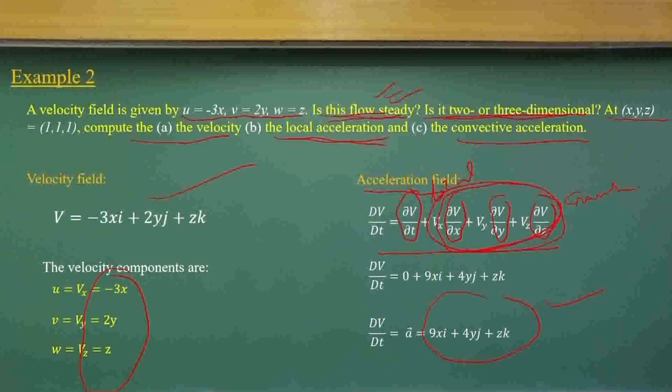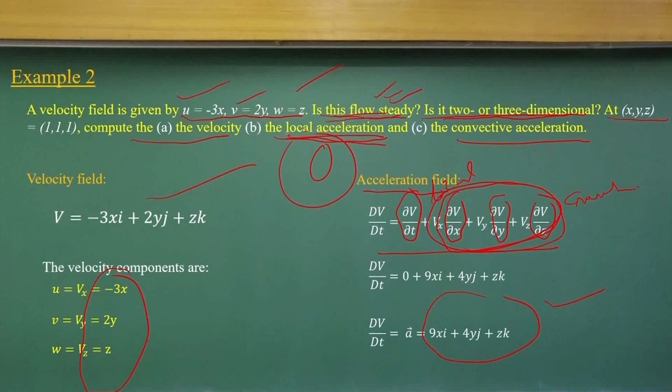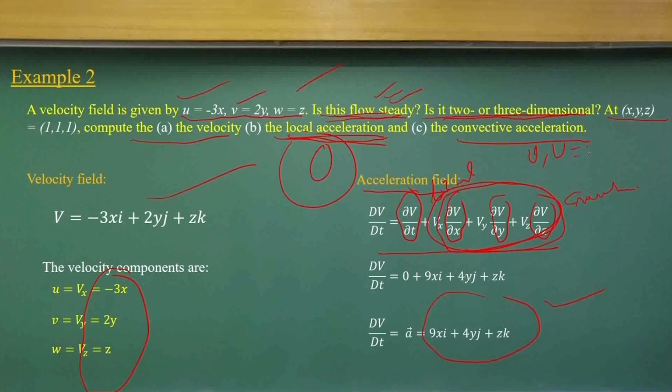As I told you, when you compute the acceleration field, if the question is whether the local acceleration is there or not, first look at whether the flow is steady or unsteady. If it is steady, independent of time, with no time component in u, v, w, we can say it is a steady flow, and the local acceleration should be zero. Only the convective acceleration remains. Similarly, if my u, v, w are all constant, and do not vary, the convective acceleration becomes 0.